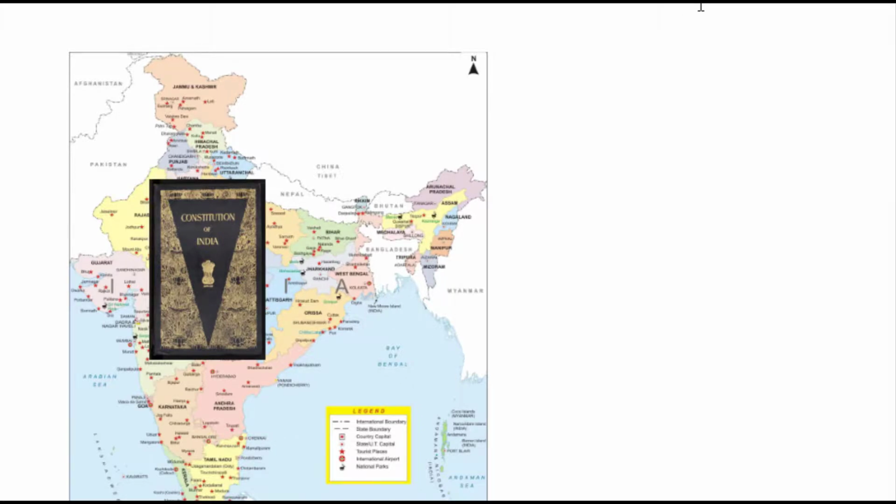It is the Constitution which empowers and enables the sovereign, socialist, secular, democratic Republic India with its three organs, the executive, the legislature and the judiciary, to secure justice, assure liberty, ensure equality, and thereby promote fraternity along with unity and integrity of the nation.